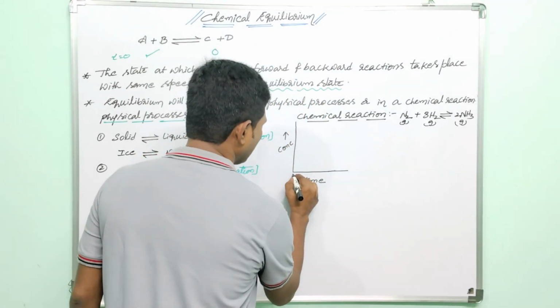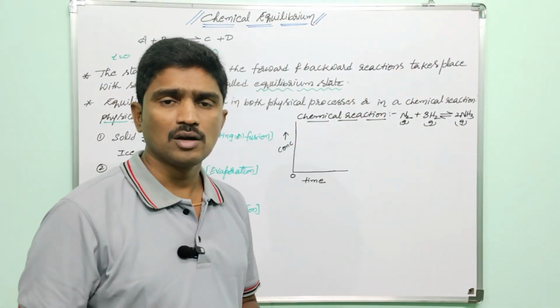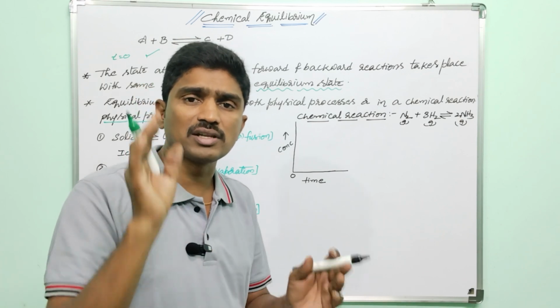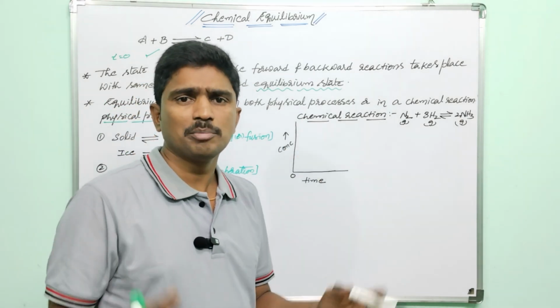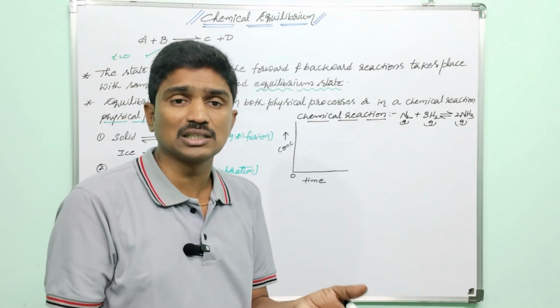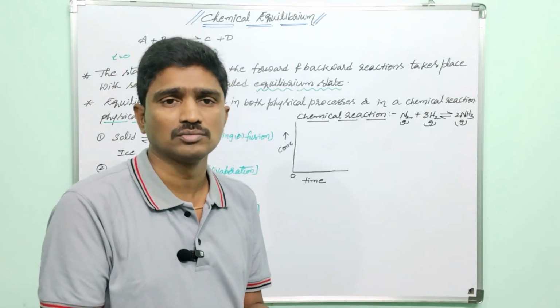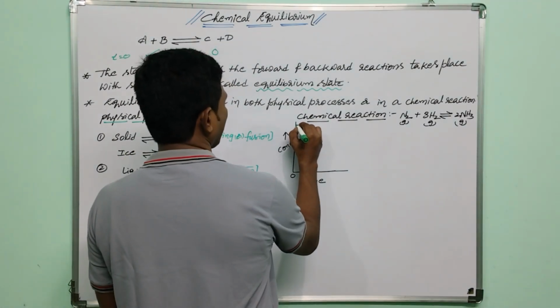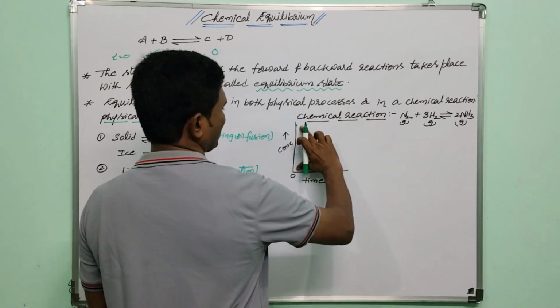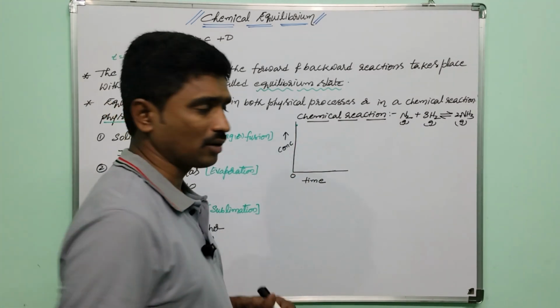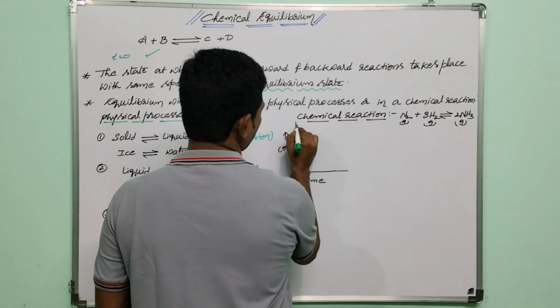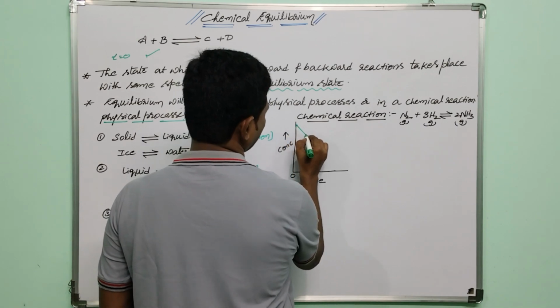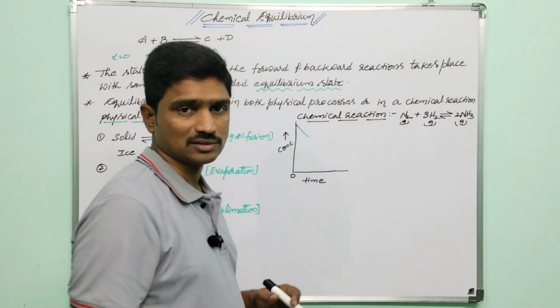When time t is equal to 0, the concentration of reactants is predominant because only reactants are present. Reaction starts now. So reactant concentration is high. As the time progresses, the concentration decreases like this.